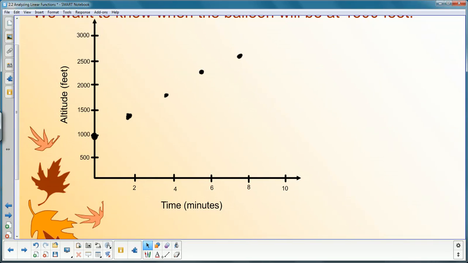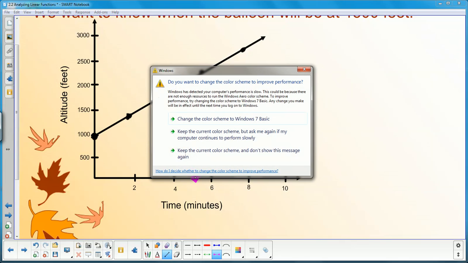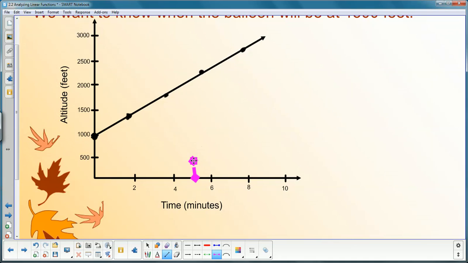And I can draw that and then go ahead and create a line, and hopefully if we drew them pretty close, we're right about on that line. So maybe the 8 should be up a little higher right there. Okay, so that would give us our line. Now again, we want to know where we're at at 5.2. We know 5 is in between 4 and 6, so 5.2 is going to be right about here.